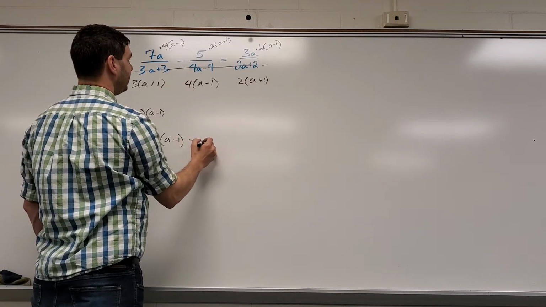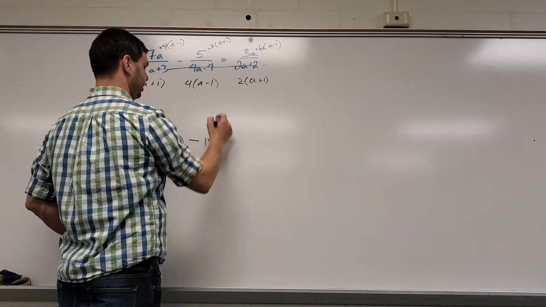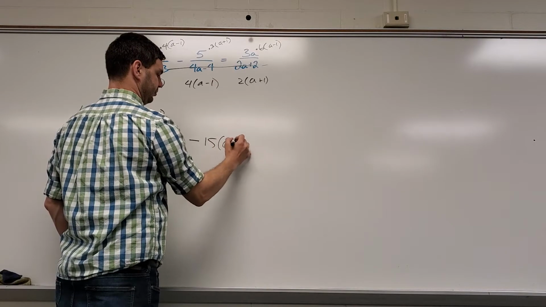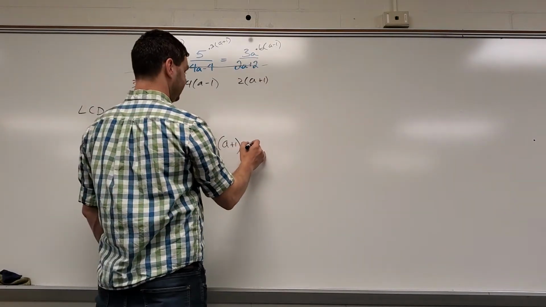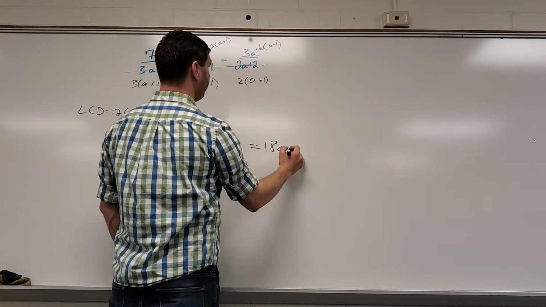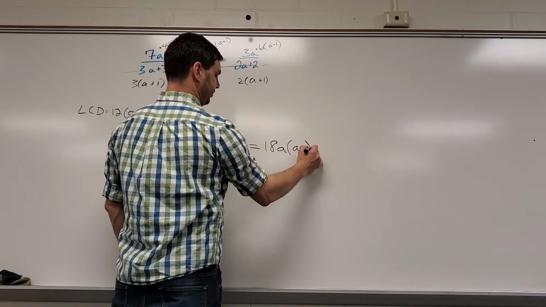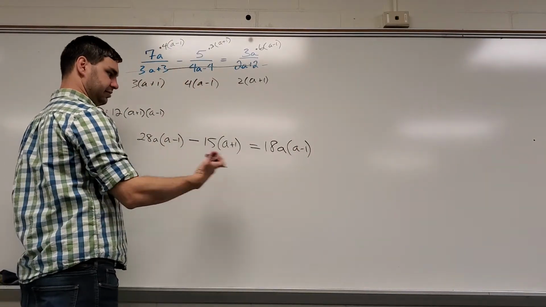Minus 5 times 3 is 15. And then a plus 1. Then over here, 3a times 6 is 18, so it equals 18a times a minus 1. All right, so now we just need to distribute and then solve for a.